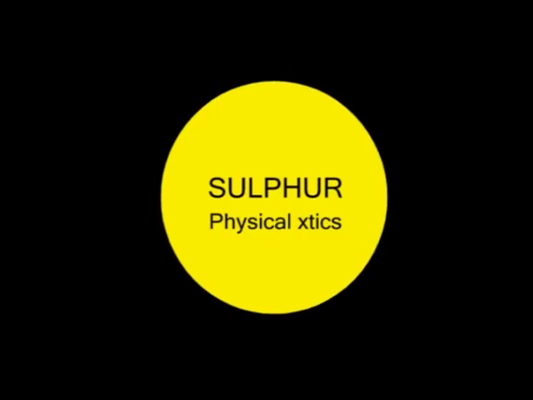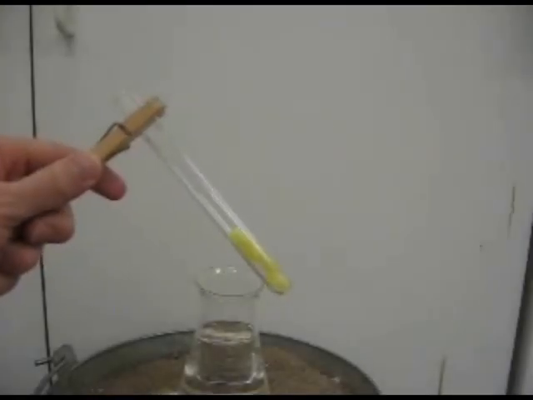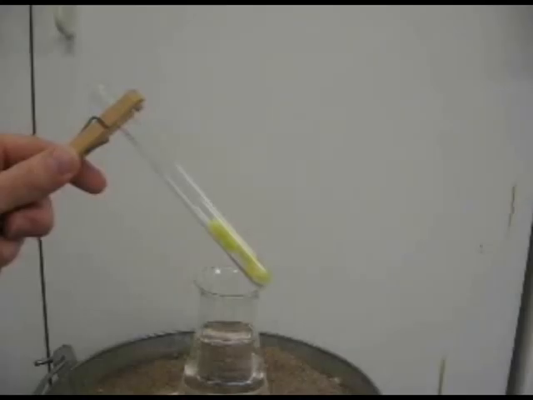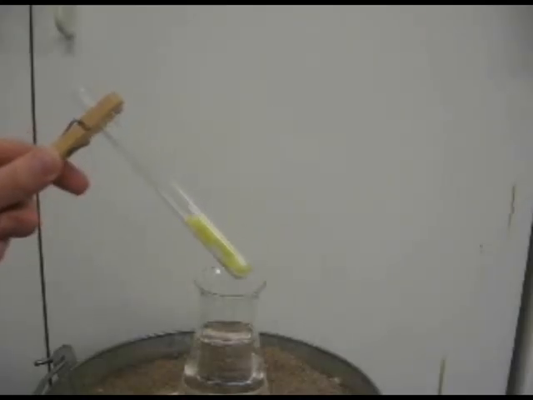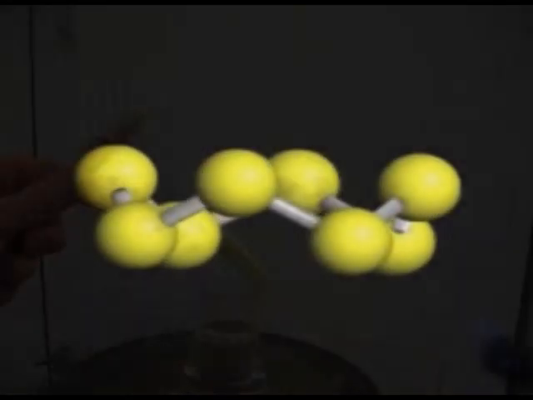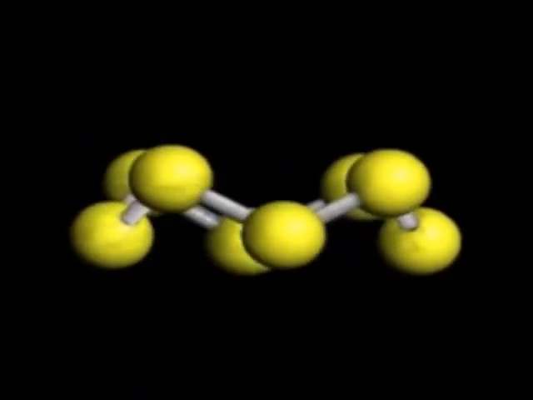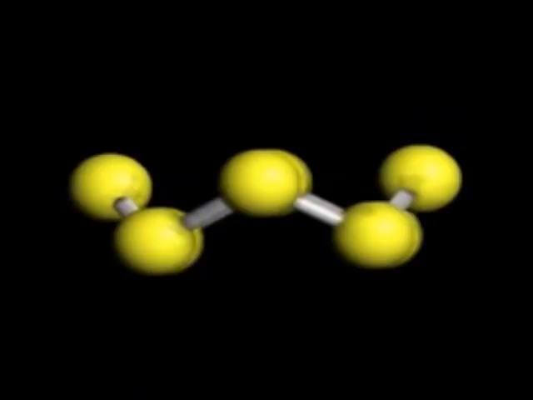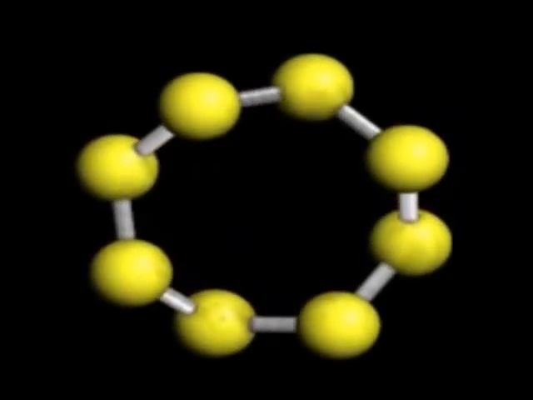Physical properties of sulfur. Sulfur is a yellow odorless solid which is insoluble in water but soluble in organic solvents like carbon disulfide and methylbenzene. At ordinary temperature, sulfur exists as a solid covalent substance. Each sulfur molecule comprises a crown-shaped ring consisting of 8 sulfur atoms.